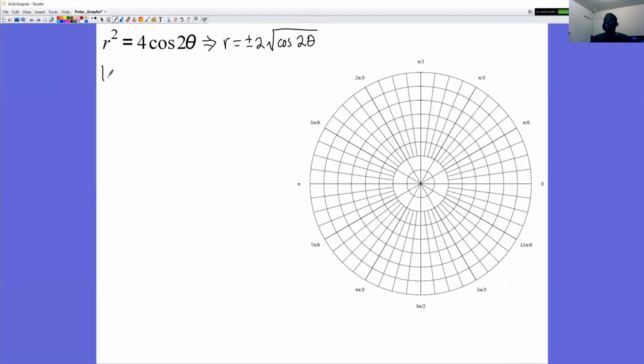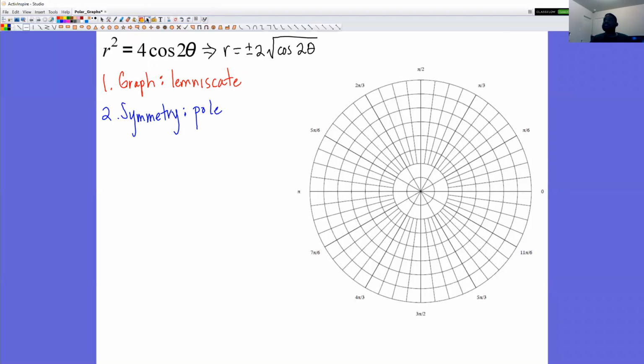Based on the equation you have, you already know the only equation that deals with r squared is a lemniscate. We already know this is the only graph that has symmetry with respect to the pole.